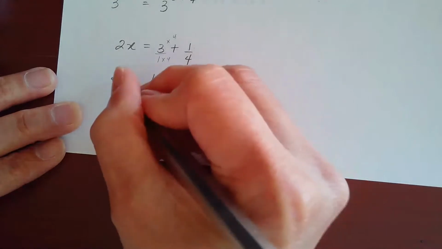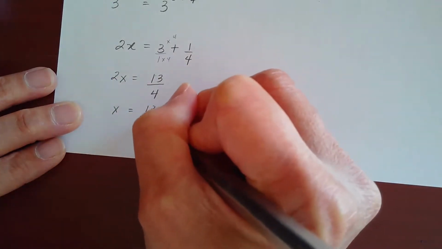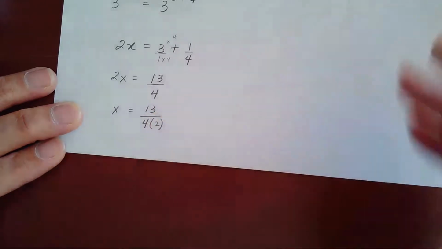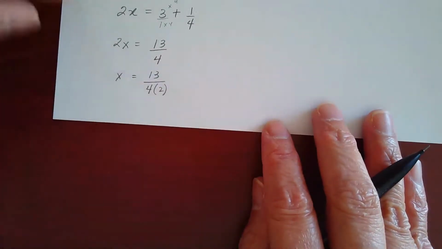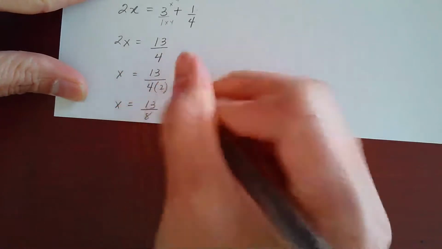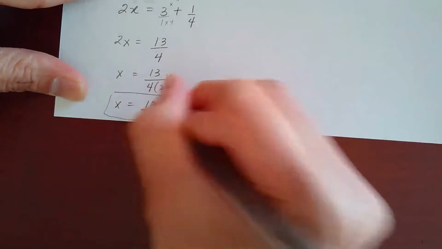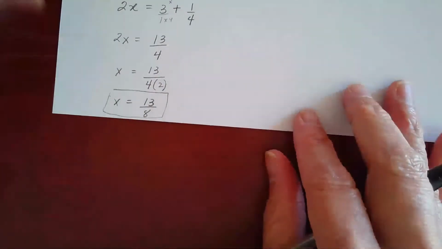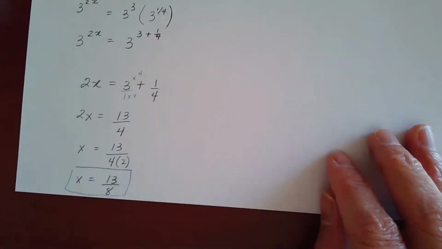So it's going to be 13 fourths, and then dividing it also by 2. So the answer is 13 eighths. This is kind of interesting. Okay, so we'll just finish off the letter D.